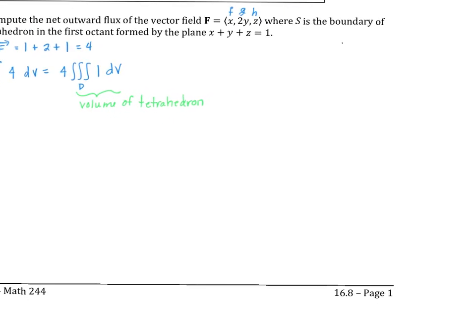Let me go ahead and sketch this. Again, this is x, y, z. And this tetrahedron, if we find all the intercepts, is 1, 1, 1 for all of them. It's in the first octant, so 1, 1, and 1. That would be our tetrahedron.